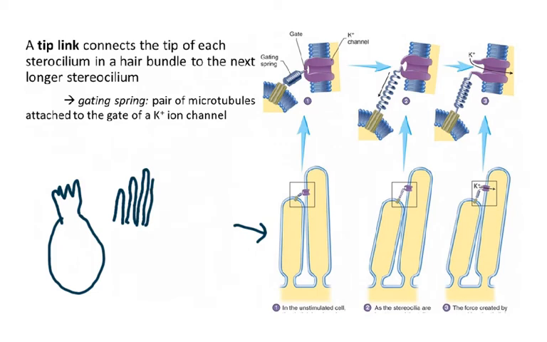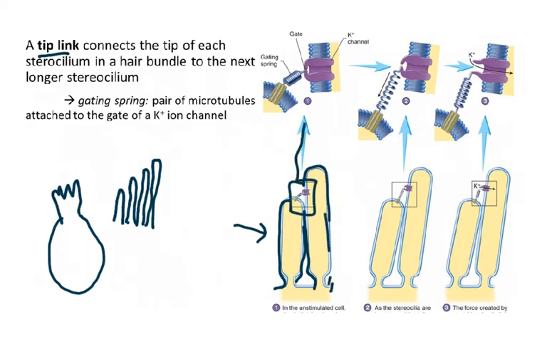So they're kind of very carefully shaped. And then between the two stereocilia is what is called a tip link. And these are really cool. So this is a stereocilia, and then this is a longer stereocilia next to it, and then this is the tip link in between. And let's zoom in on it.